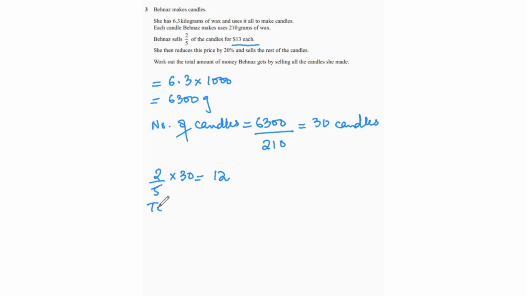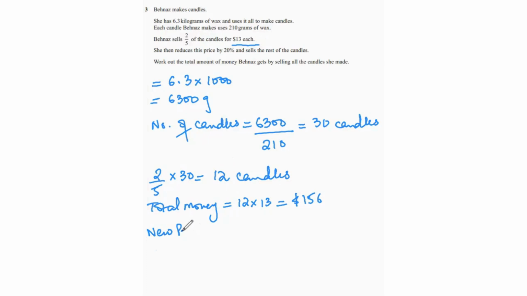So total money for this is going to be 12 times 13. That gives us $156 for these 12 candles. Then she reduces this price by 20% and sells the rest of the candles. So we're going to reduce $13 by 20%.